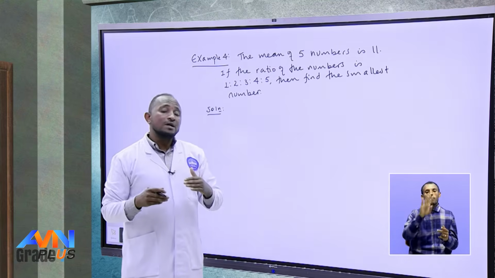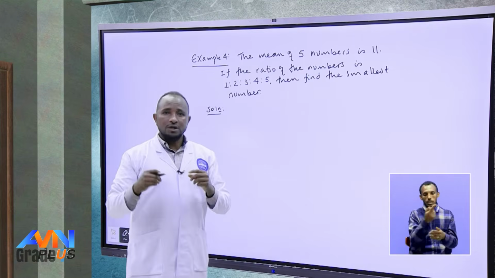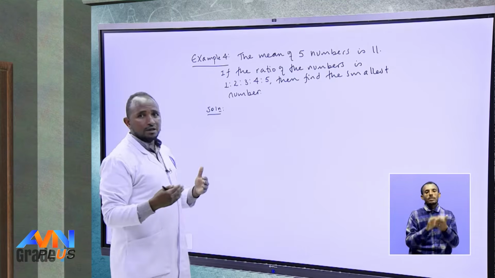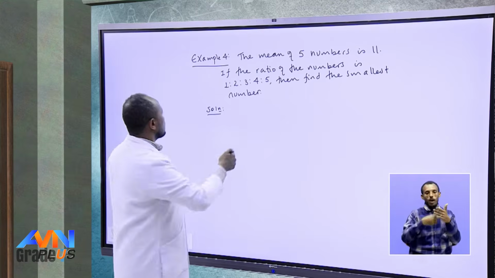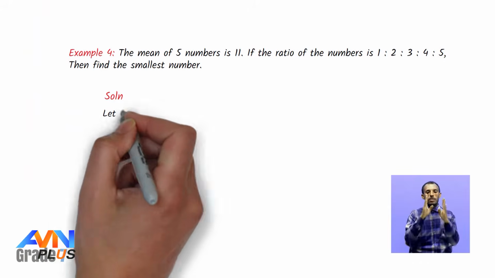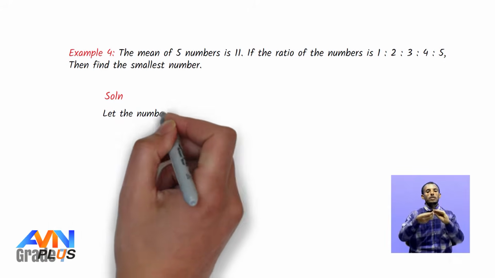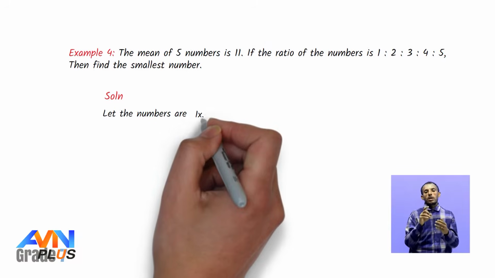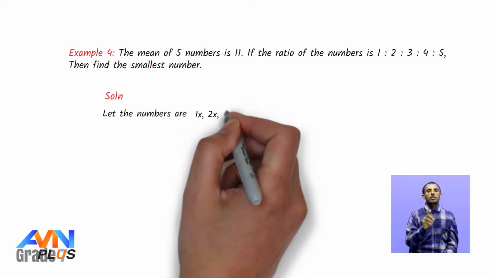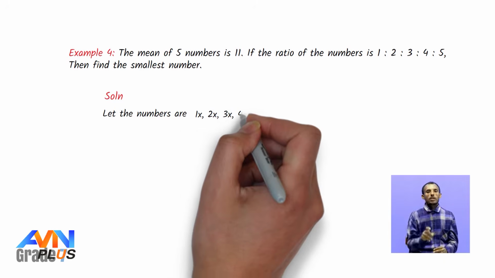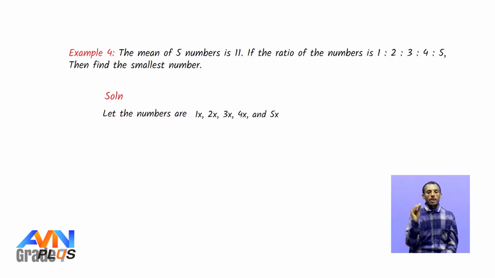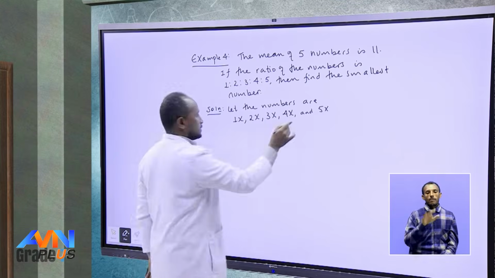We can multiply each of these by a constant so that it gives the values of the numbers. Therefore, let the first number be 1x, or simply x, the second number 2x, the third number 3x, the fourth number 4x and 5x.